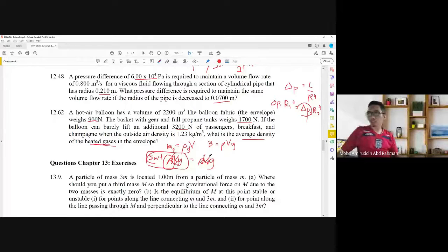G also will be similar. So this is the density of air.